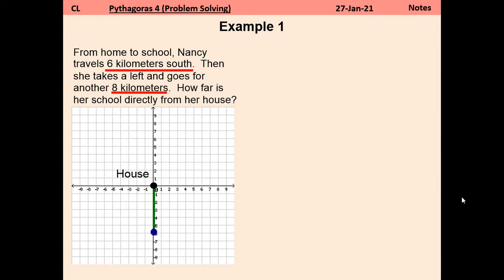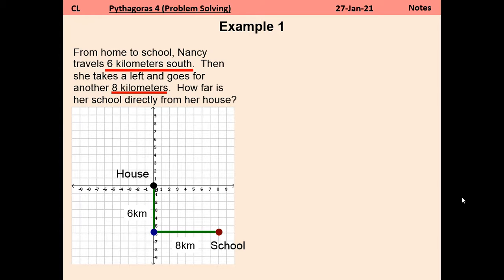Okay, so it's our right, but it's going to be her left, for about another 8 kilometers. And that is the school. Does that make sense so far? So 6 kilometers down, then from there she turns left 8 kilometers. Doesn't matter if you do it the other way, it's absolutely fine.